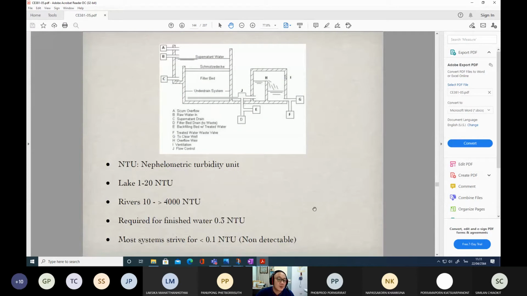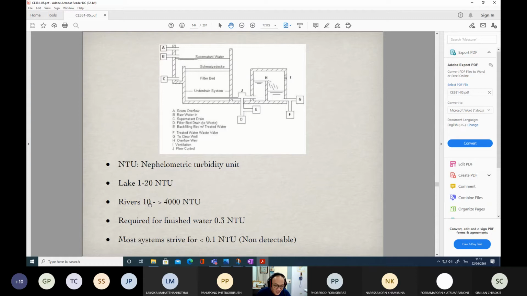Okay, so these are the typical characteristics of water resources in terms of NTU, or turbidity unit. NTU actually stands for nephelometric turbidity unit. I hope you're already familiar with this term. For lakes, generally the turbidity is around 1 to 20 NTU. For rivers, it normally ranges from 10 to 4,000 NTU.